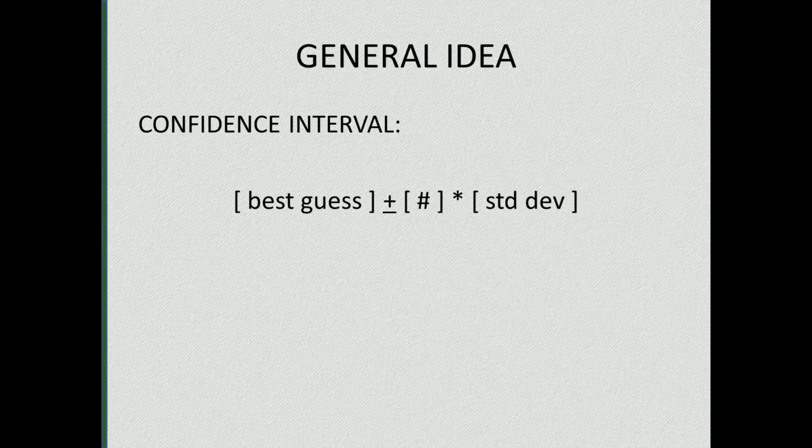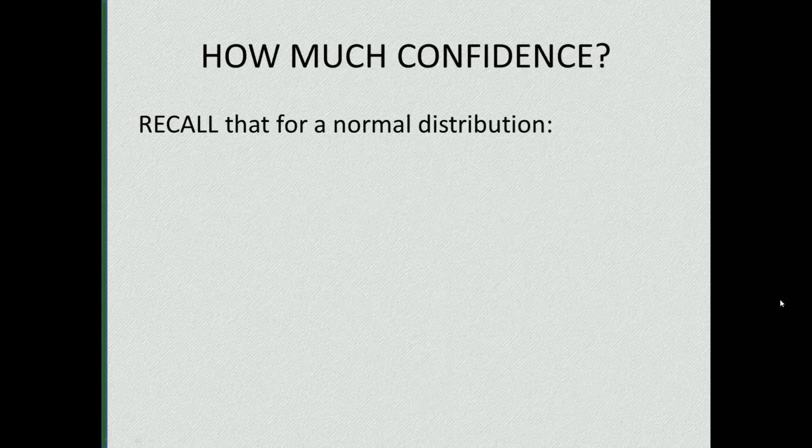How many standard deviations? Well, remember, it's a normal distribution, and we have some benchmarks for a normal curve. What were those benchmarks? Start in the middle, go out one standard deviation. How much of the data do we have?